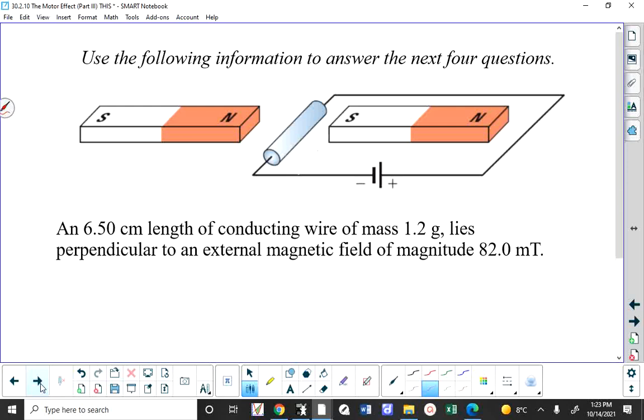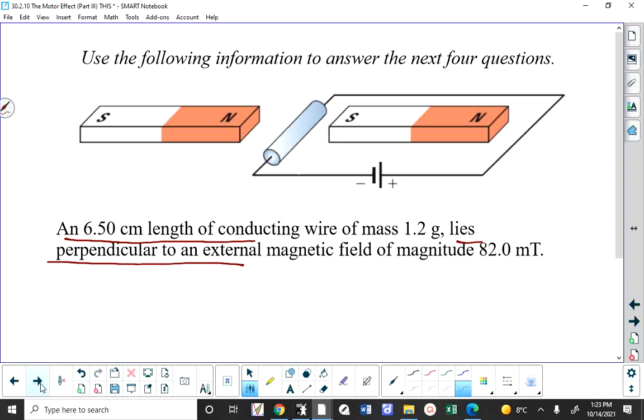We've got a piece of conductive material. It's the big, thick, cylindrical piece of wire. It has 6.5 centimeters length. Now, I want to be careful here and make sure that you understand the 6.5 centimeter length lies perpendicular to the magnetic field.